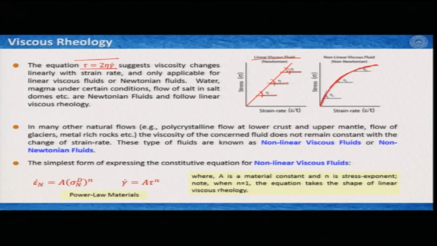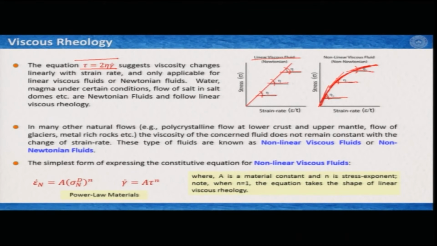So, what does it imply? That with deformation, if I take any point, draw a tangent, and then try to figure out what the viscosity is, you can see that the viscosity is constantly changing. So, this changing viscosity, or the transient viscosity during deformation, while all parameters, pressure, temperature and others, remain constant, is known as a nonlinear viscous fluid or non-Newtonian fluid.